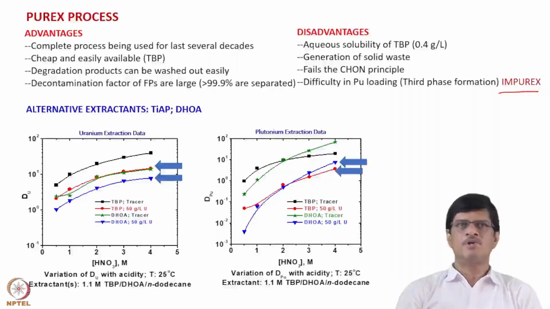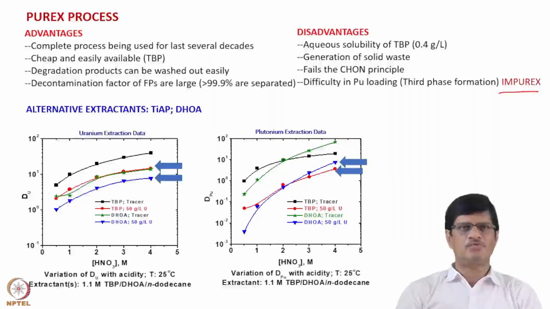And finally, there are the dialkyl amides like DHOA, that is dihexyl octanamide. This has been found to be one of the most useful extractants in place of TBP. A lot of research has been carried out by the French researchers, and they have suggested DHOA to be one of the possible replacing extractants for TBP.